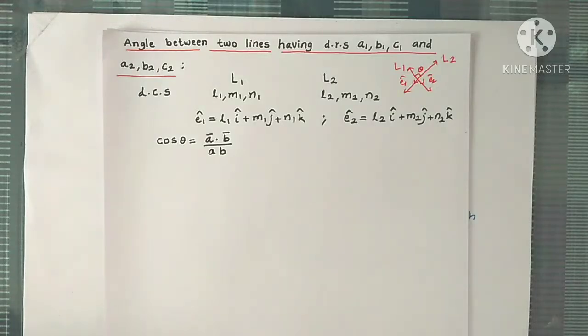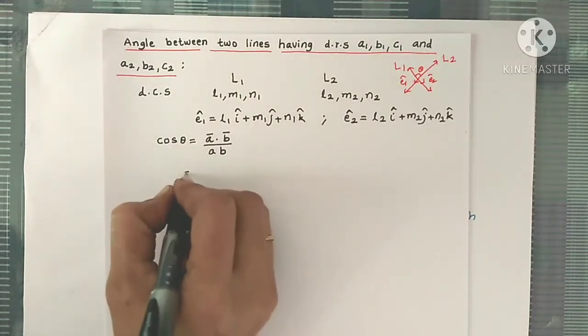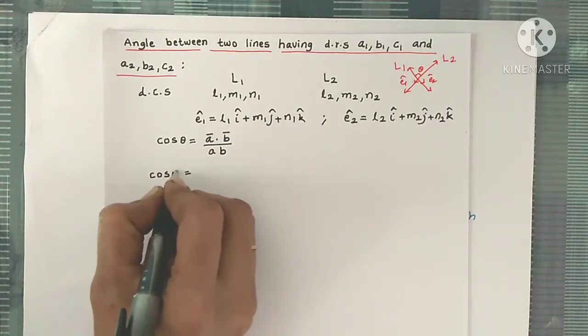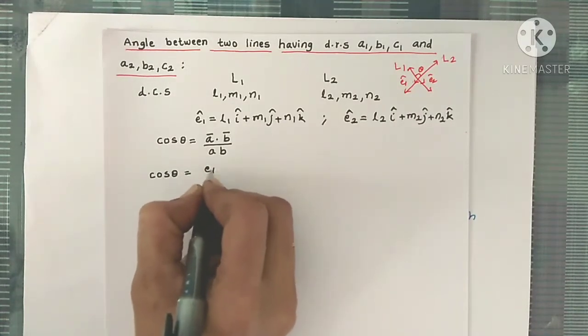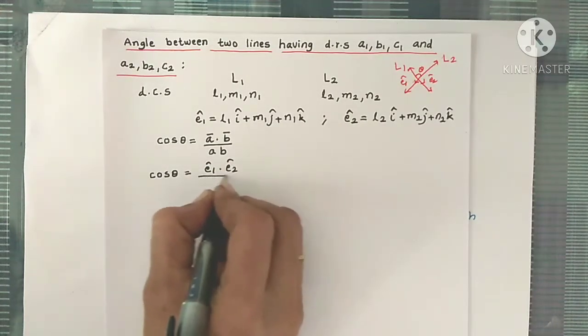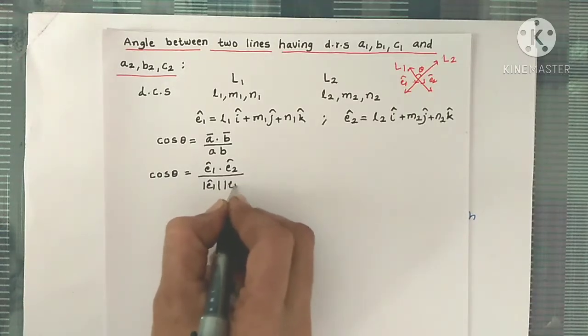To find the angle between the lines is the same as finding the angle between the unit vectors. So if theta is the angle between the unit vectors E1 cap and E2 cap, then cos theta is E1 cap dot E2 cap divided by modulus of E1 cap times modulus of E2 cap.